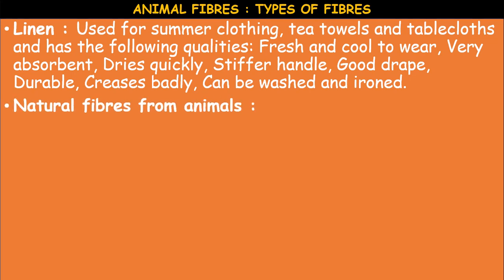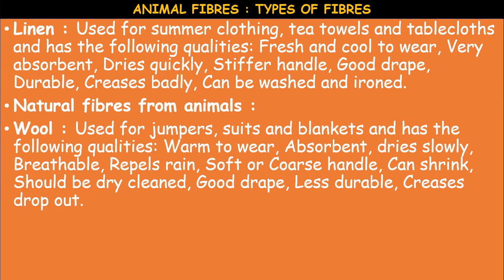Okay, natural fibers from animals. If you take wool, it is used for jumpers, suits and blankets, and has the following qualities: warm to wear, absorbent, dries slowly, breathable, repels rain, soft or coarse handle, can shrink, should be dry cleaned, good drape, less durable, creases drop out.